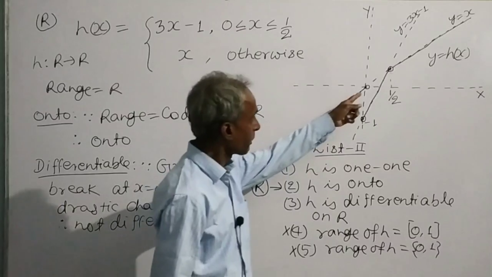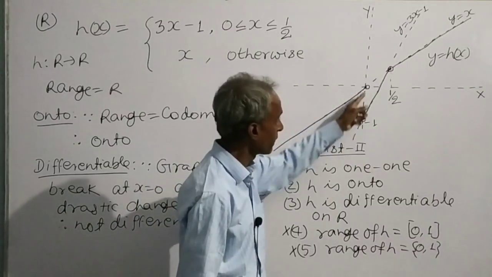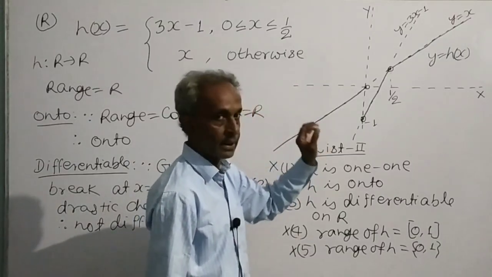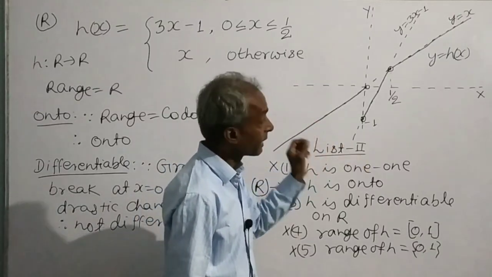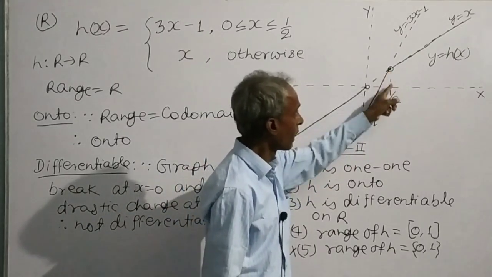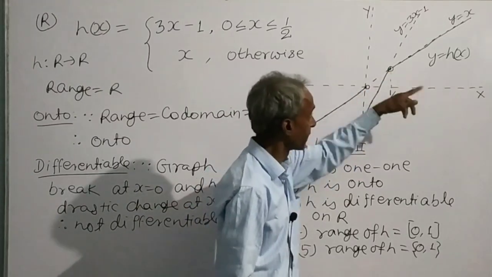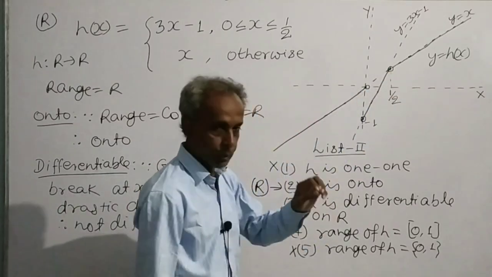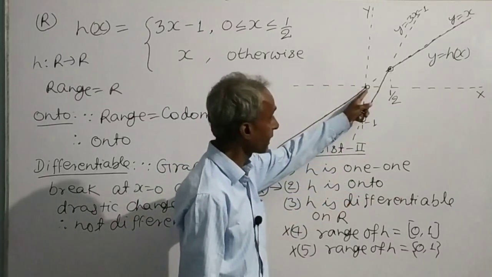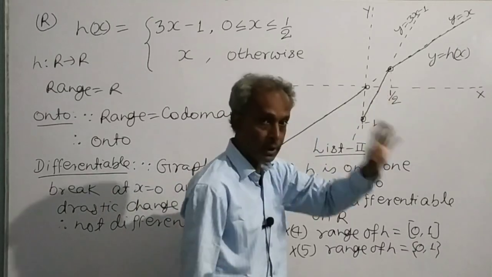Since the graph breaks at this 0 point, x coordinate 0, and the graph has a drastic, sudden change at x coordinate 1/2, therefore this function is not differentiable at x equals 0 and x equals 1/2.